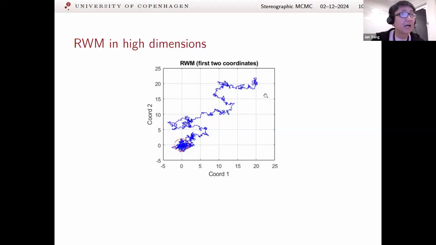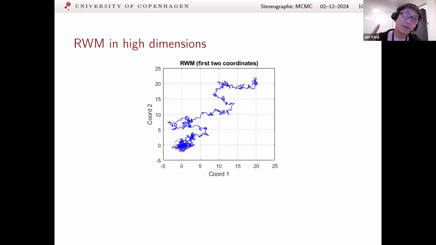Any move in that orthogonal direction won't help. But it's a random walk proposal, which means by the law of large numbers, most of the components of this random walk are in the orthogonal space.